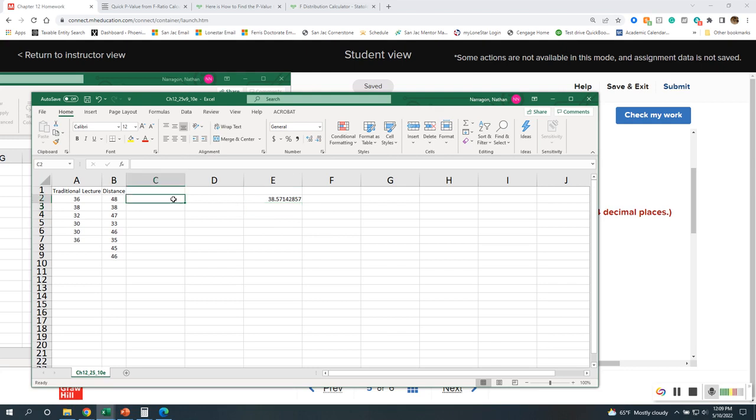Now, again, to find the total, we have to take all these numbers and basically subtract from the grand mean and square it. So real quick, insert. I want to take this equals this one minus 38.57. We're rounding.